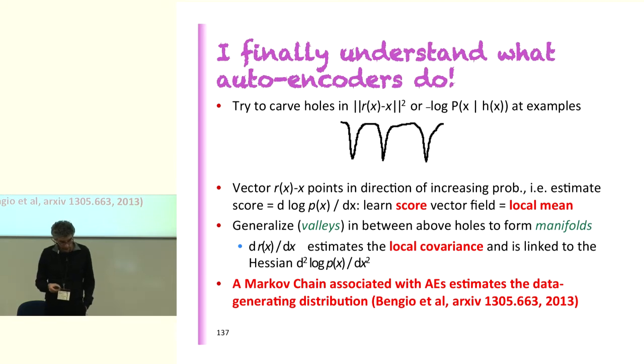So this slide summarizes a lot of the things that we now understand about autoencoders. Autoencoders take the input and map it to a representation. From that representation, we're trying to predict the input again and put a high probability on it. Or if you want, in the simplest sense, just minimize some kind of squared reconstruction error.